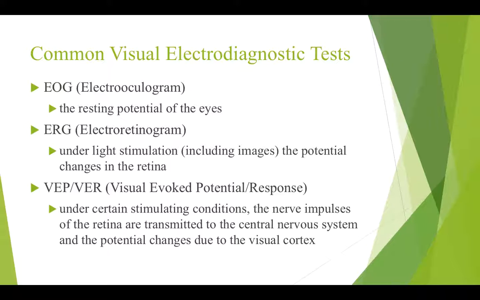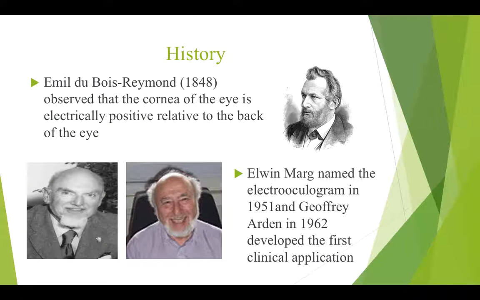There are three common visual electrodiagnostic tests: EOG, ERG, and VEP. I will introduce more on EOG. Emil du Bois-Reymond observed that the cornea of the eye is electrically positive relative to the back of the eye.